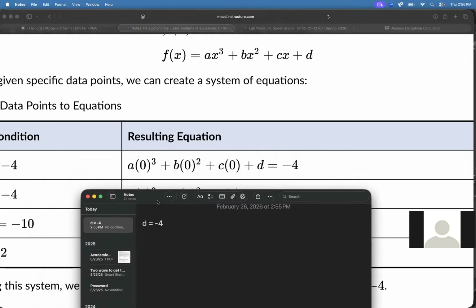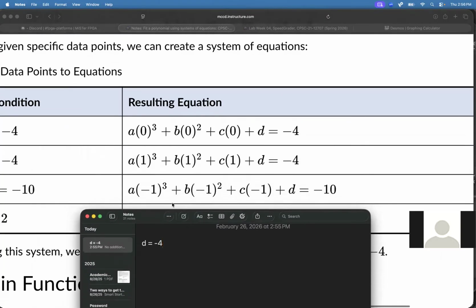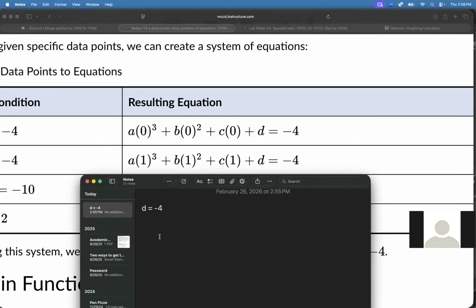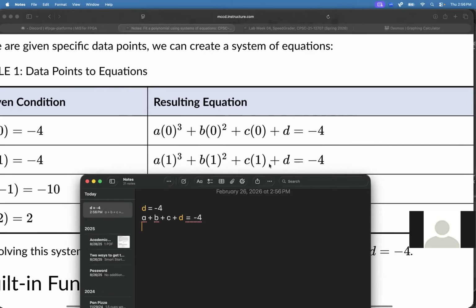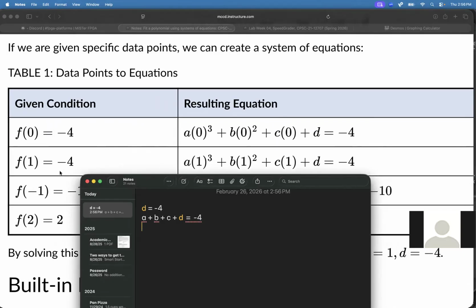When you work that out, this equation is going to be a, because a times 1, plus b times 1, which is b, plus c times 1, which is c, plus d. There's no times 1 there, it's just d. And then it equals minus 4. And why does it equal minus 4? Because this was the data that we had.